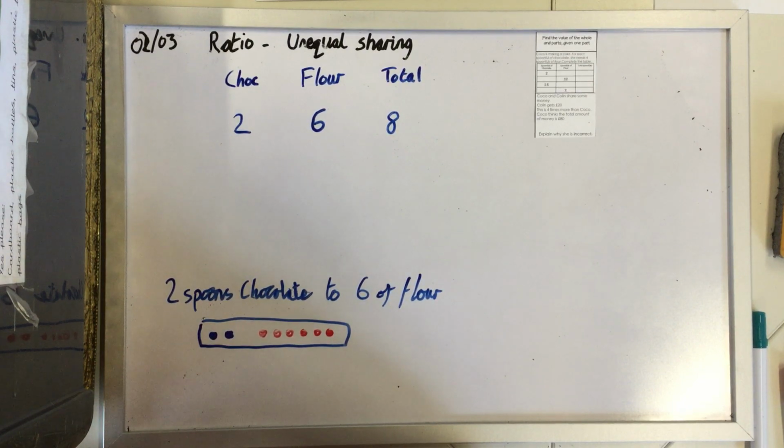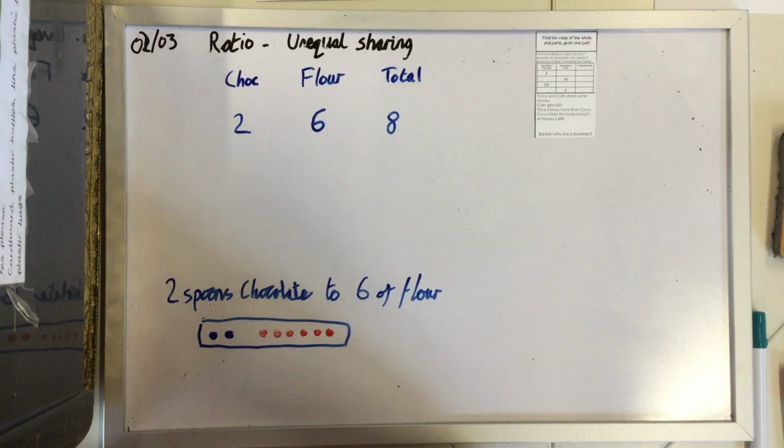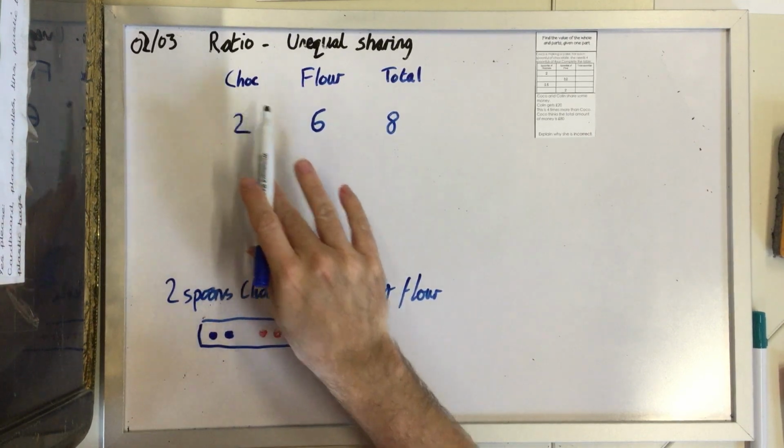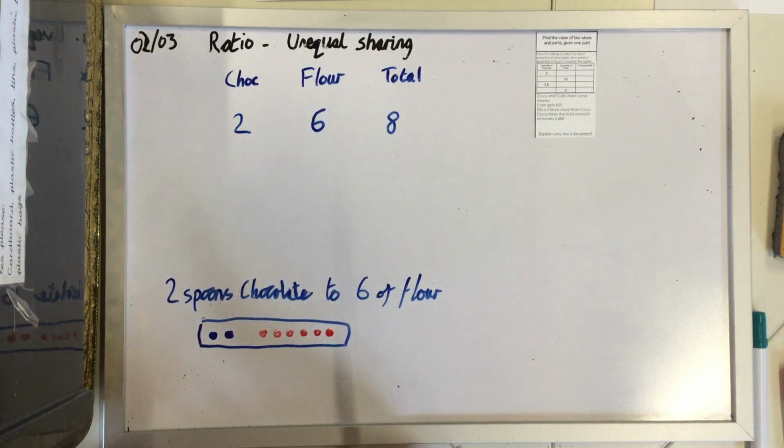So let's take a moment, because they work onwards here. But could we work backwards? The ratio 2 to 6, what would that also be the same as?